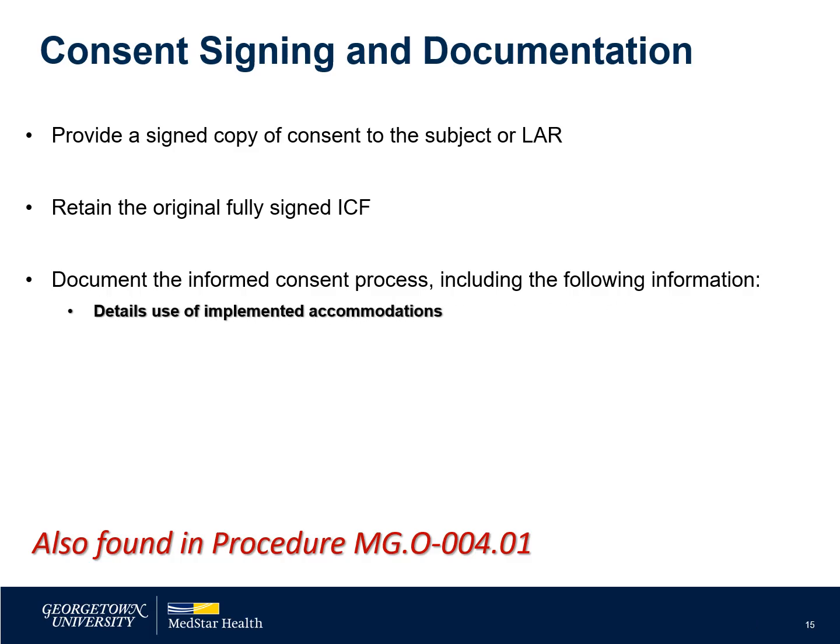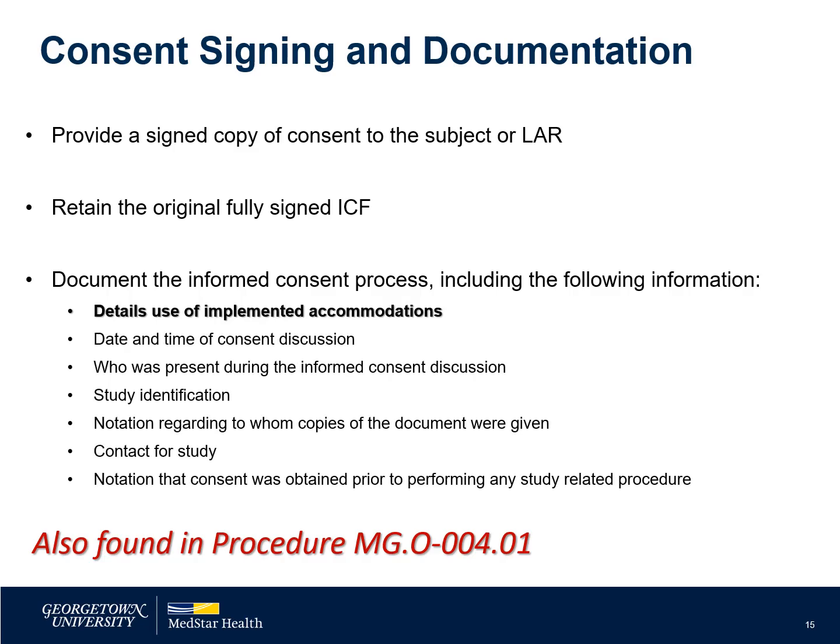One major difference in documentation of the informed consent process is the inclusion of details related to the use of implemented accommodations throughout the consent process. The same documentation information should be included in the informed consent process for English-speaking, illiterate, and legally blind participants as listed in Procedure MG-O-401.